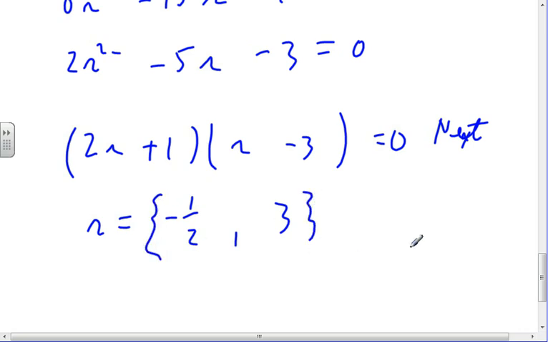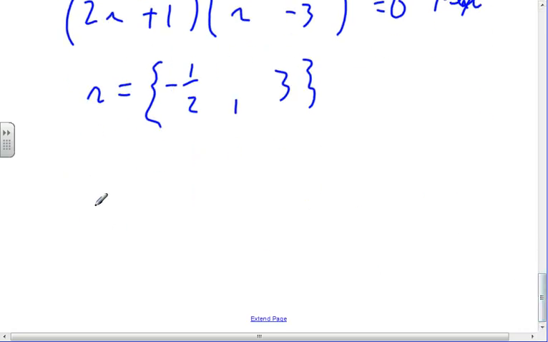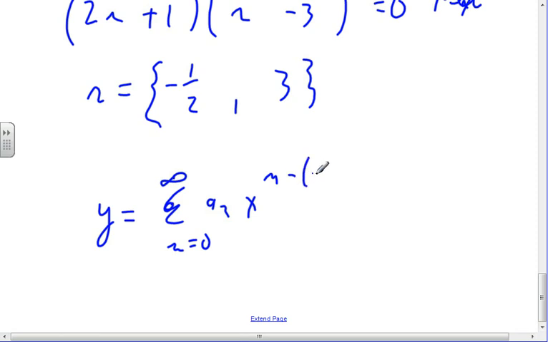So that means that the two series that I'm looking for is y would be equal to summation n equals 0 to infinity a n x to the n minus a minus 1/2. So if I start at 0, I'm going to start at a 1/2 and then 3/4 and then 5/8.